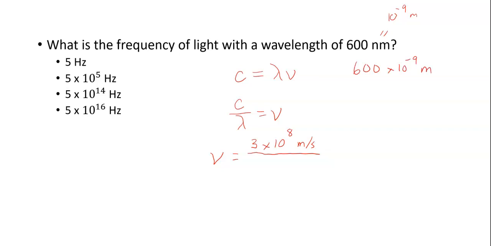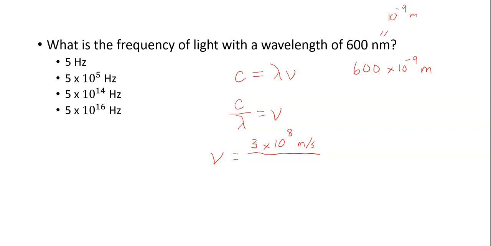Okay, now this number written like this is not proper scientific notation, because in proper scientific notation you just have one number before the decimal in the first part on the left side, but that's not necessarily that big of a deal because it's not our final answer. However, I find it a little easier to calculate if we change this to 6, because 3 divided by 6, that's easier to do in my head than 3 divided by 600.